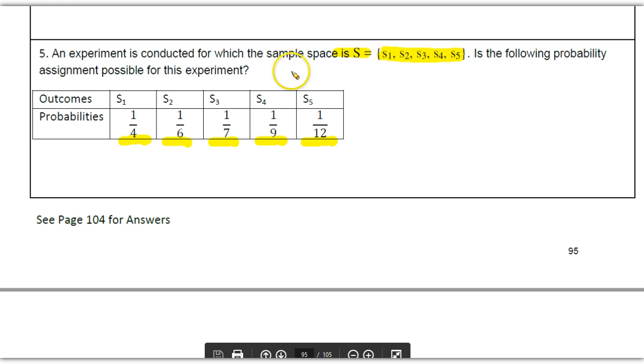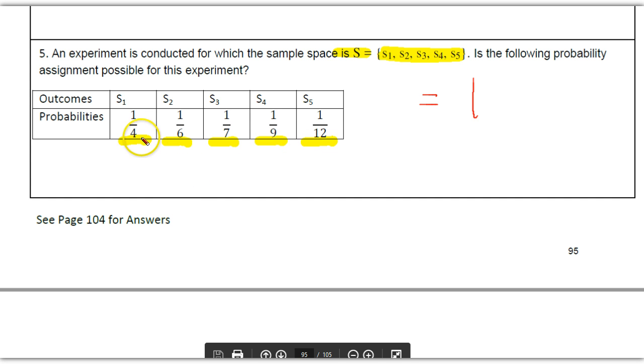Is the following probability assignment possible for this experiment? Well, we have said that generally the probability of something is going to equal the whole, that is, a 1. Do these partial probabilities of these events equal the whole?